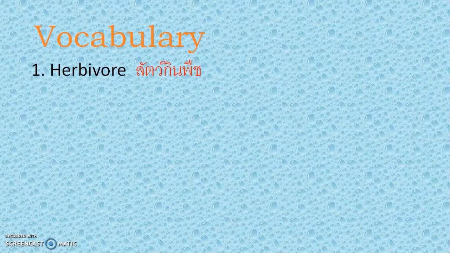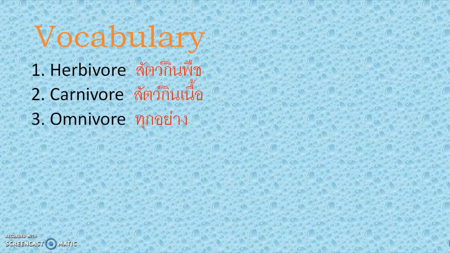So number one, herbivore. Okay, you can read it too. Number two, carnivore. Number three, omnivore. Number four, legs.